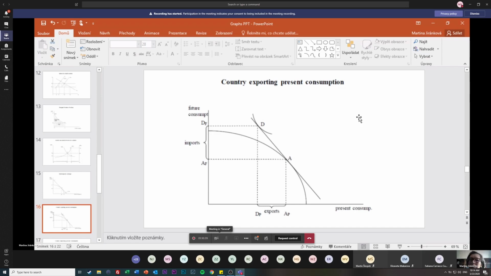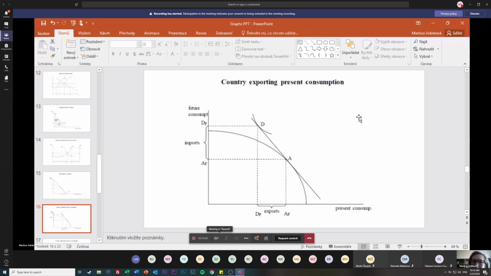Let's start with the point A. If you imagine the standard trade model, this was the point of production. The country produced some quantity of wheat and some quantity of clothes. So please write that the point A is also the point of production.